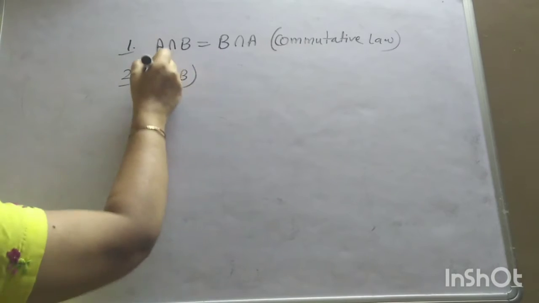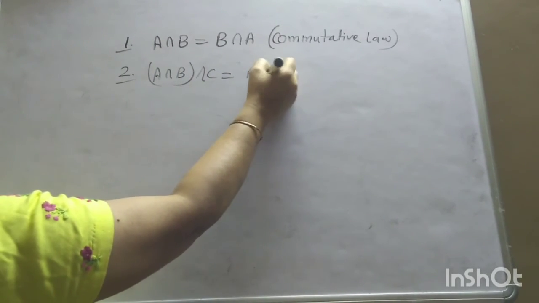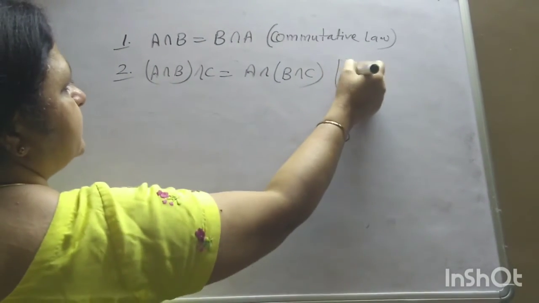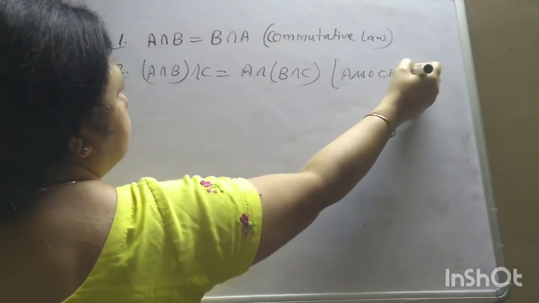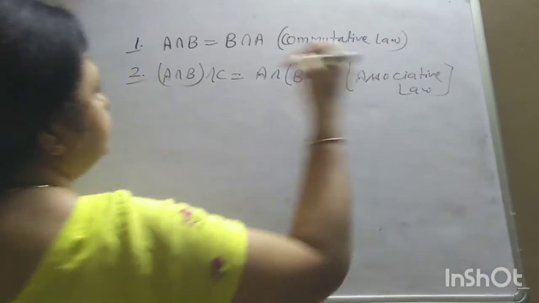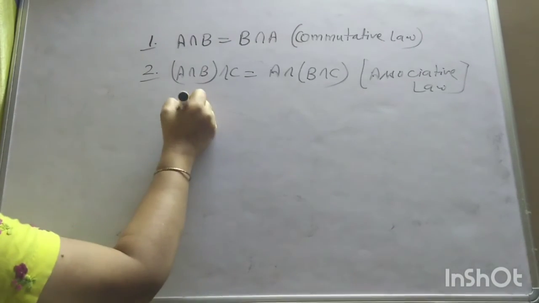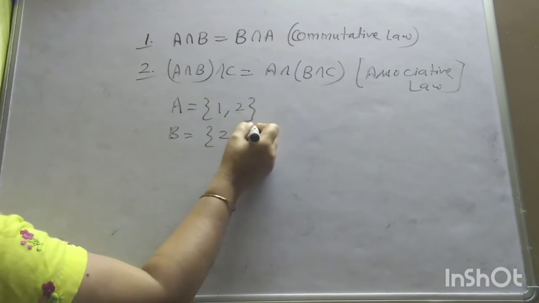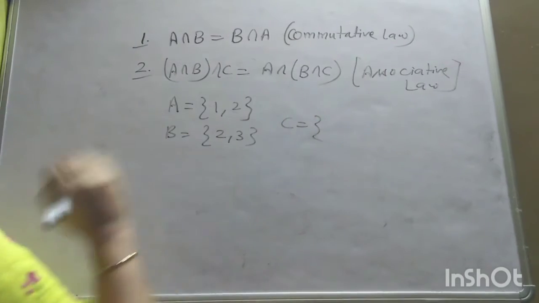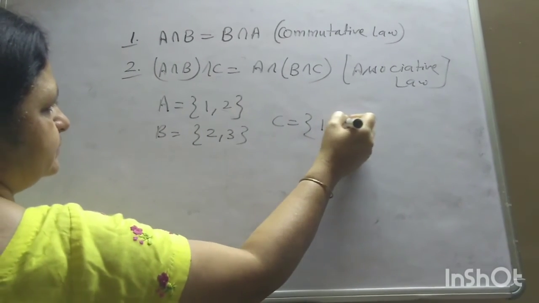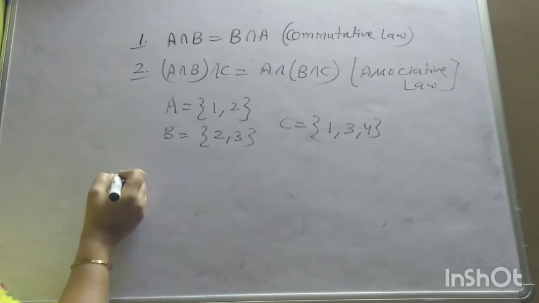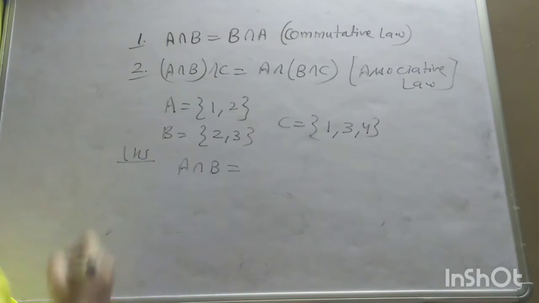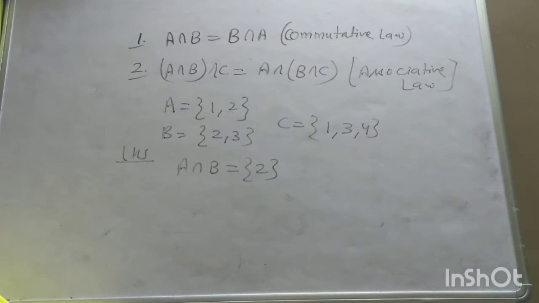Second, A intersection (B intersection C) is equal to (A intersection B) intersection C. This is associative law. Let set A be 1, 2, set B be 2, 3, and set C be 1, 3, 4. Now, at first we will solve the left hand side. A intersection B is equal to 2.